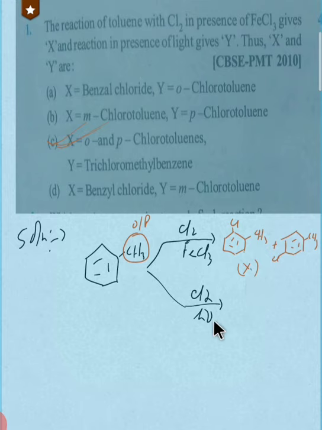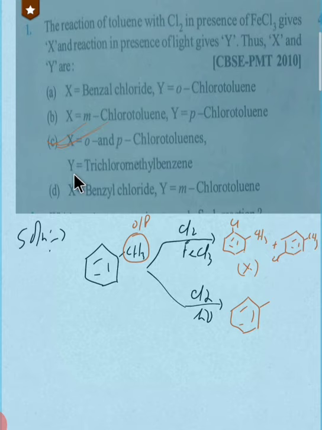When toluene is reacted with chlorine in presence of light, free radical substitution takes place to displace the hydrogen from the benzyl carbon atom by chlorine. So this can be benzyl chloride, or this can be trichloromethylbenzene. Benzyl chloride is also possible, but it is not given along with the correct option for X in this case.